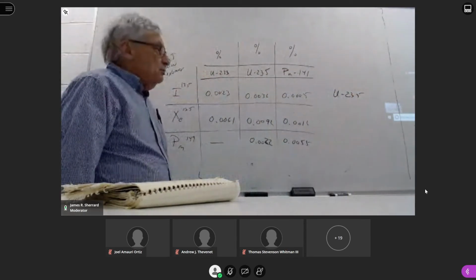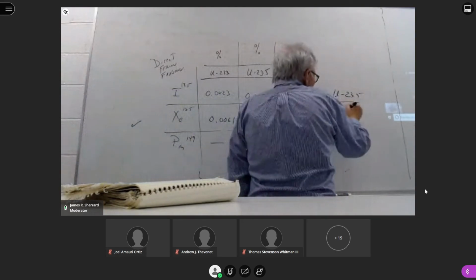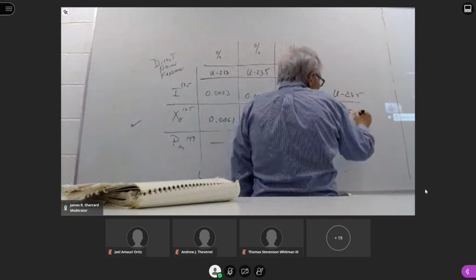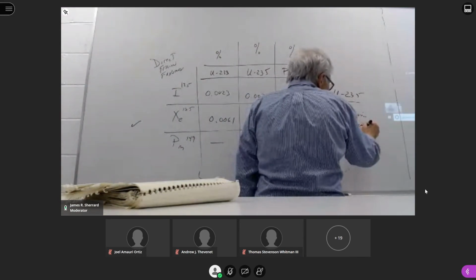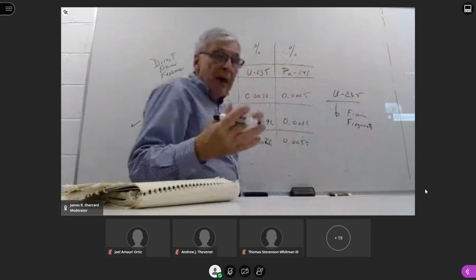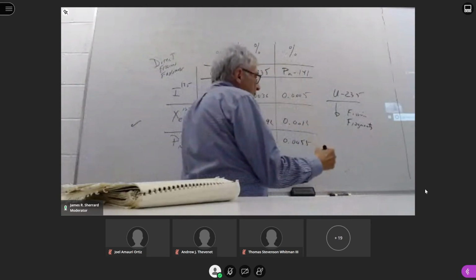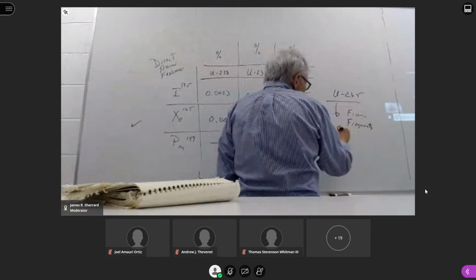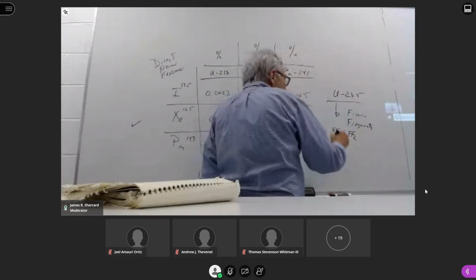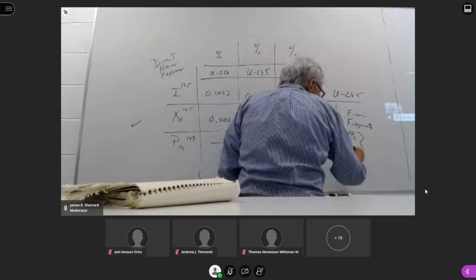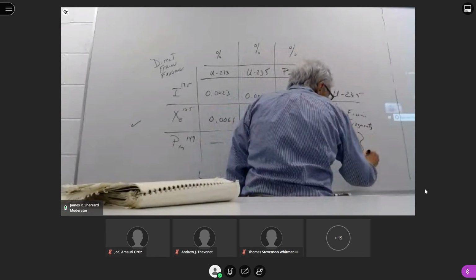If we look at uranium-235 and all the possible fission fragments that come out of that, in any one fission you have 1 plus 2, and we know that there are 16 preferred pairs.